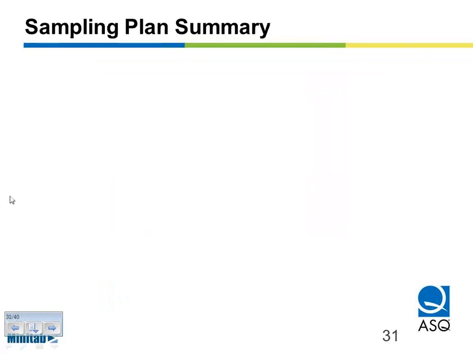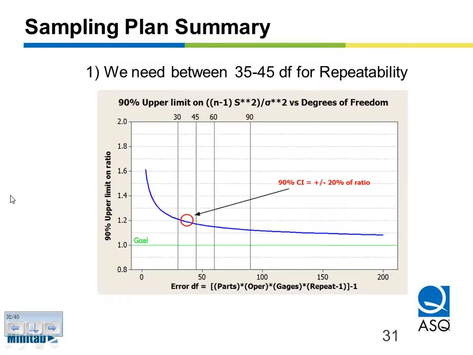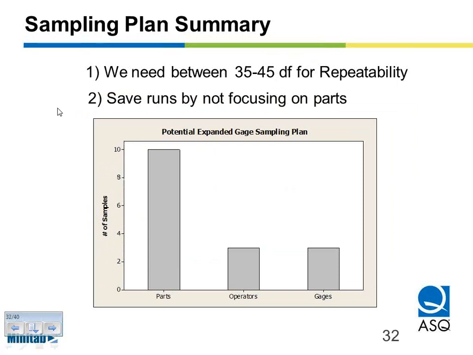So let's put what we learned together. Let's summarize it. Number 1, you need 35 to 40 degrees of freedom to do a good job estimating the repeatability. Got to remember that number. That's a baseline. Number 2, you can reduce the number of runs by reducing the number of parts, and it will not have a negative impact on the estimates of percent tolerance and percent process that you'll get from your gauge R&R.